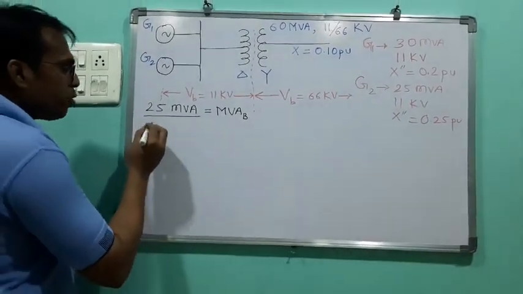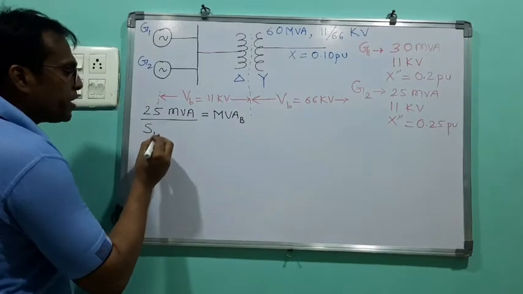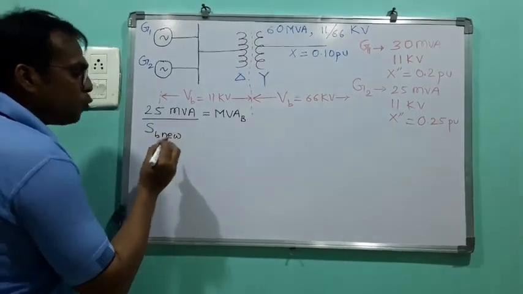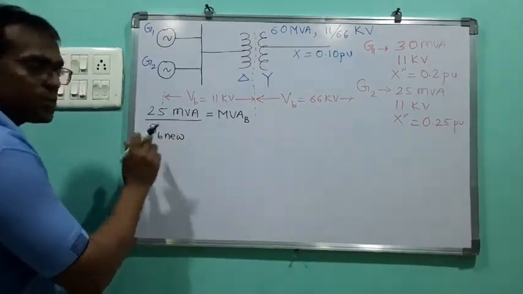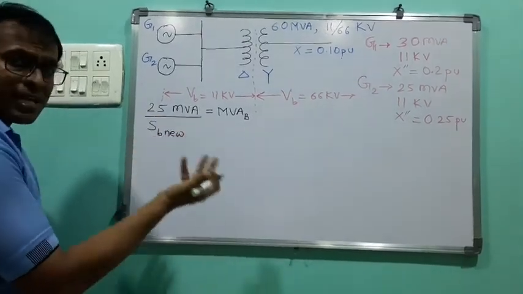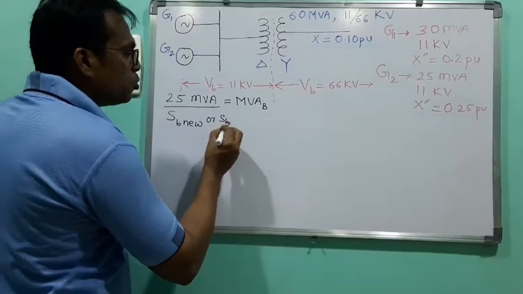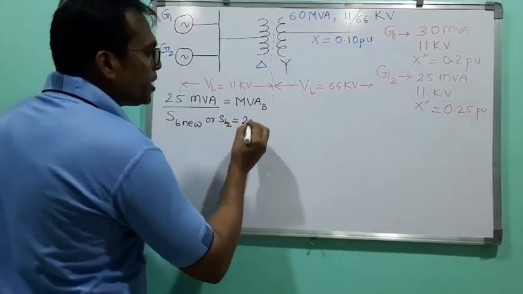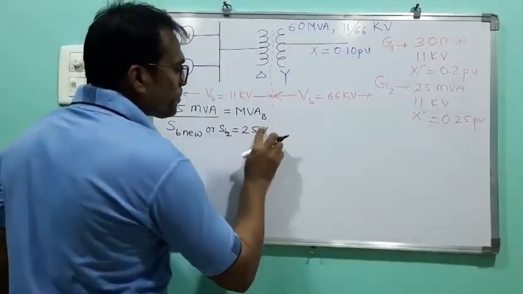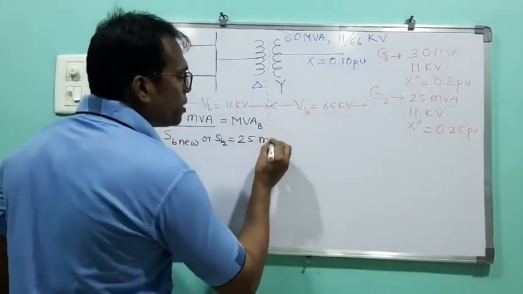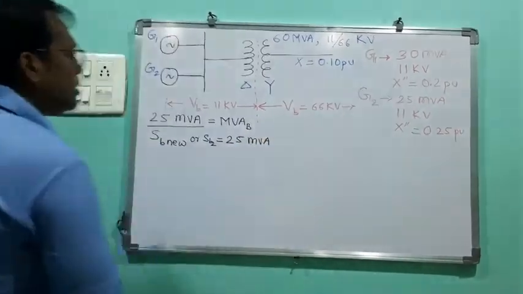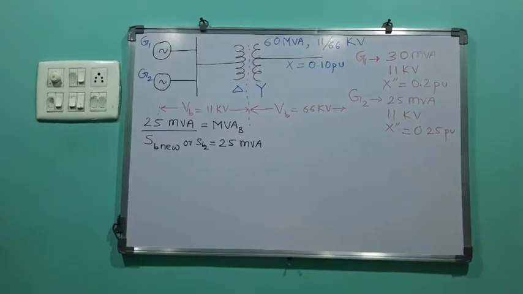We can write it as SB new or SB2. In some books it is given as SB new, in some books as SB2. So it is nothing but 25 MVA.